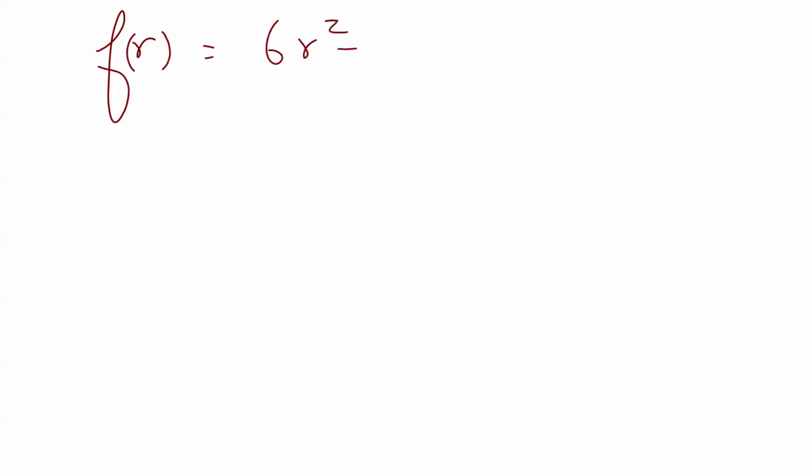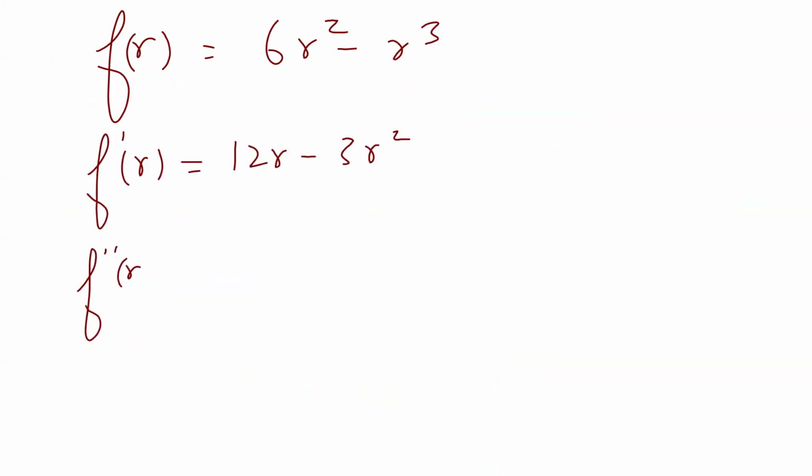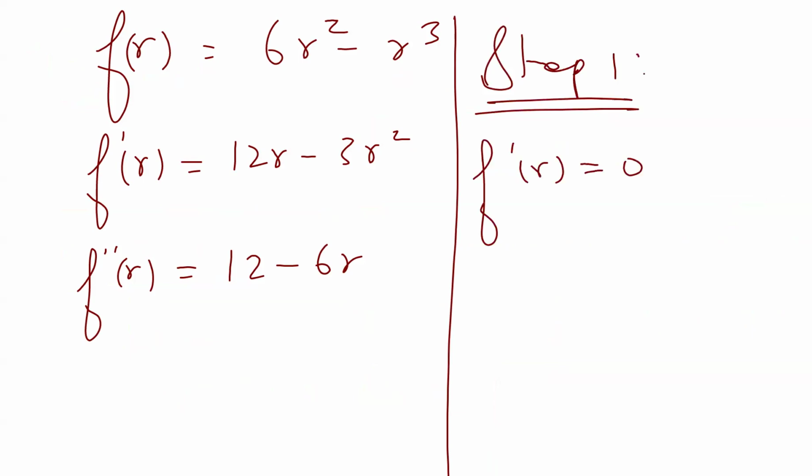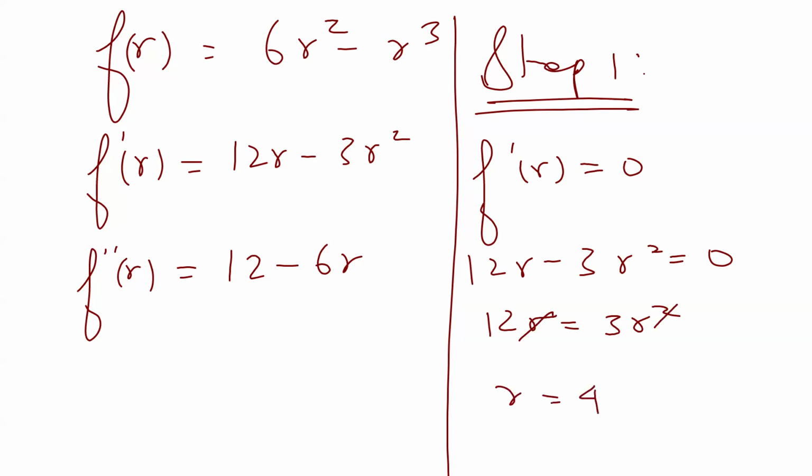So f of r is equal to 6r square minus r cube, f dash r is 12r minus 3r square, f double dash r is 12 minus 6r. Step 1: f dash r is equal to 0, 12r minus 3r square is equal to 0, 12r is equal to 3r square, so r is equal to 4.